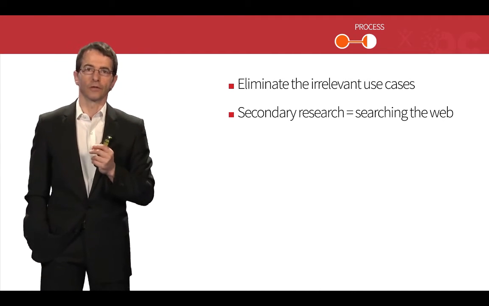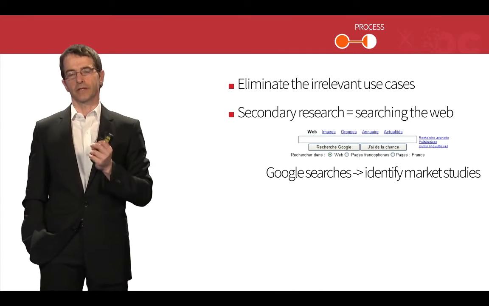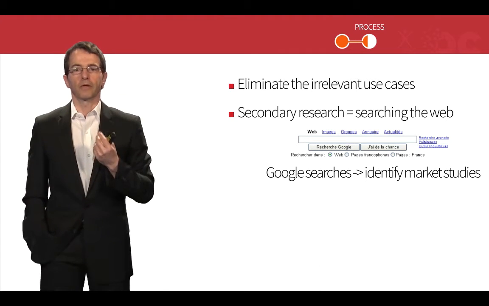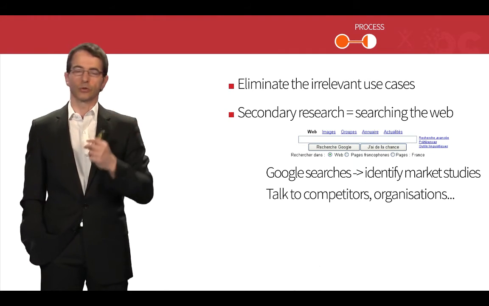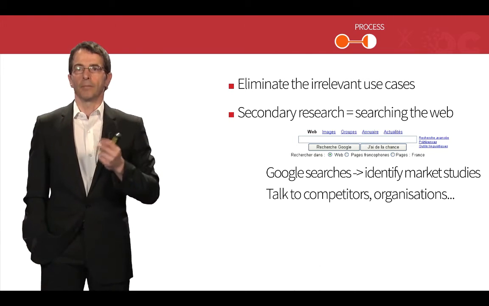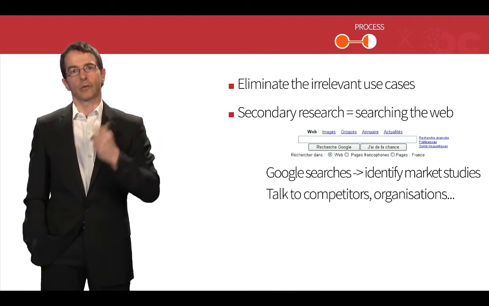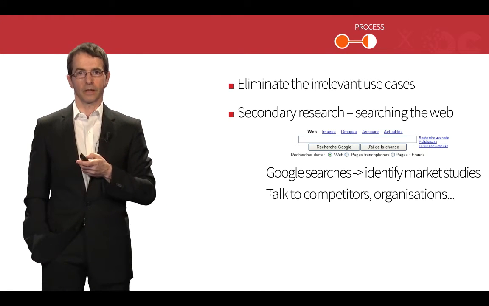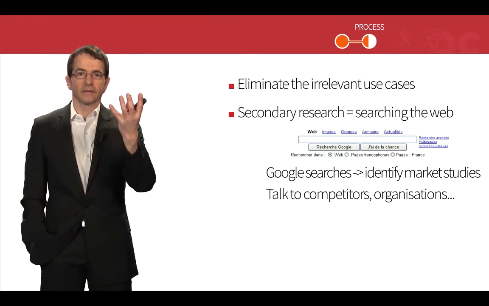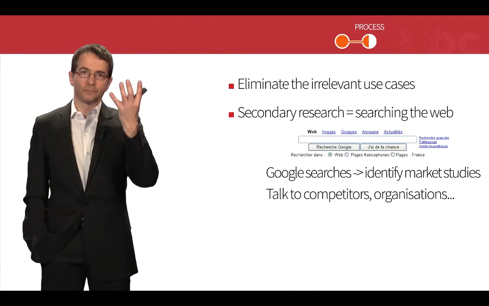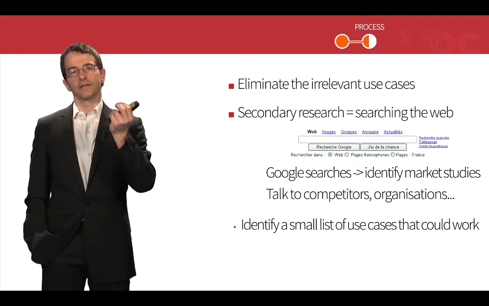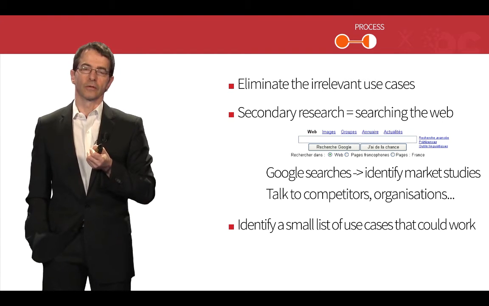So you make Google searches, you may try to identify market studies, but there are also a number of other things that you could do, talk to competitors, talk to organizations that are publishing some stats that are relevant for the use case you are considering. Out of that secondary research, you will identify a small list of use cases that could work.